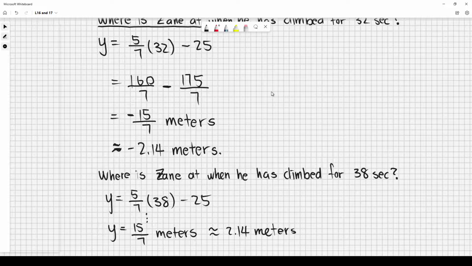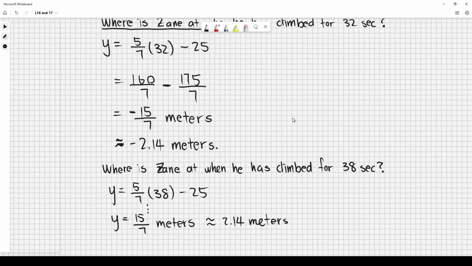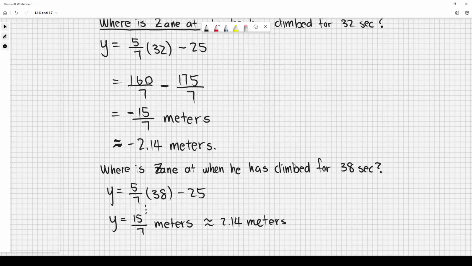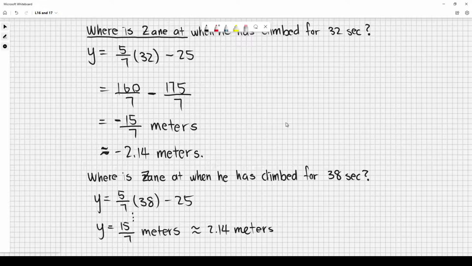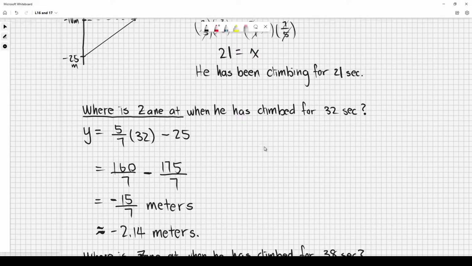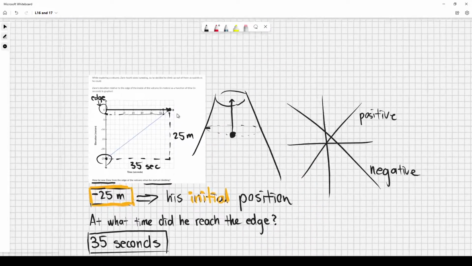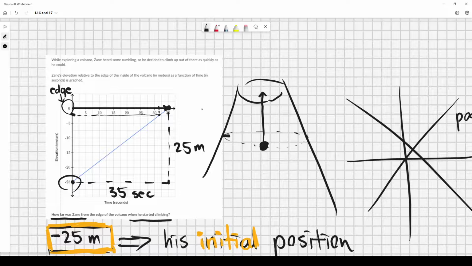Now, but here's the catch. This is a word problem. So when you have a word problem, you're not only dealing with an equation. An equation is a mathematical representation of something in the problem. However, if you look back at the problem here, he stopped at 35 seconds.